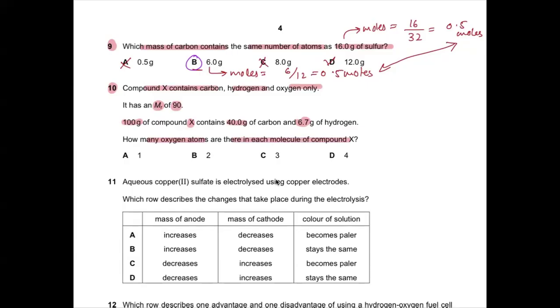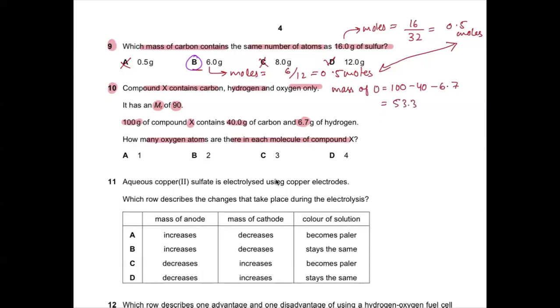Okay. So first we can go for the mass of oxygen, right? The mass of oxygen is equal to 100 minus 40 minus 6.7, right? So it is going to be 60 minus 6.7, which is 53.3.